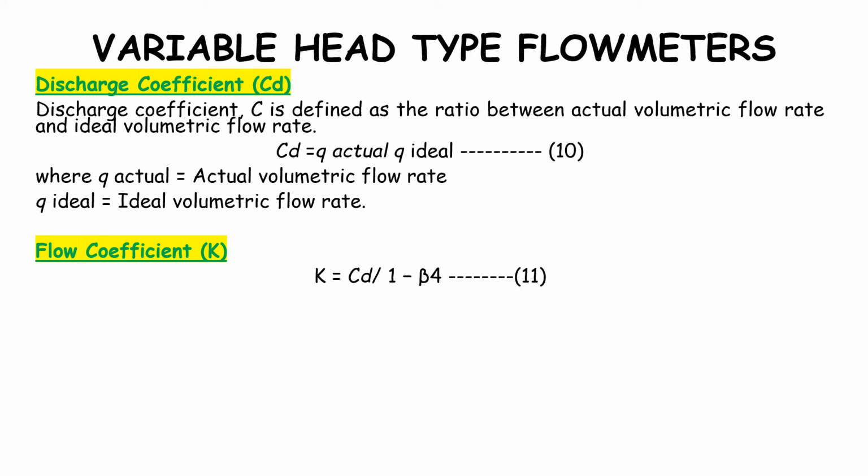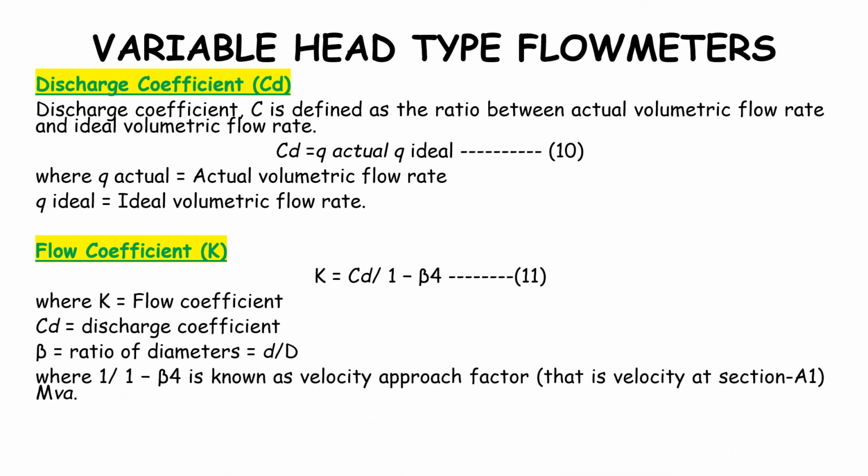For the flow coefficient K, the formula is K is equal to CD divided by root of 1 minus beta 4, where K is the flow coefficient, CD is the discharge coefficient, beta is equal to the ratio of diameters, where 1 divided by root of 1 minus beta 4 is known as the velocity approach factor, which is represented by MVA.